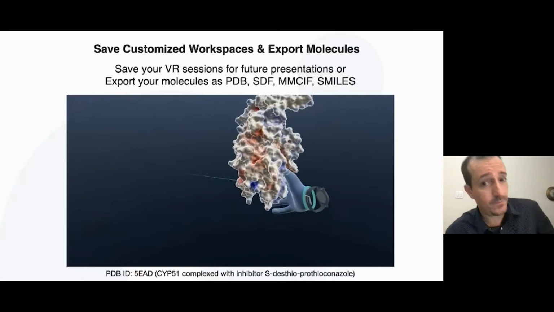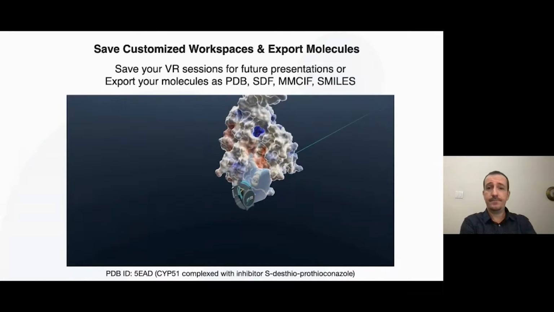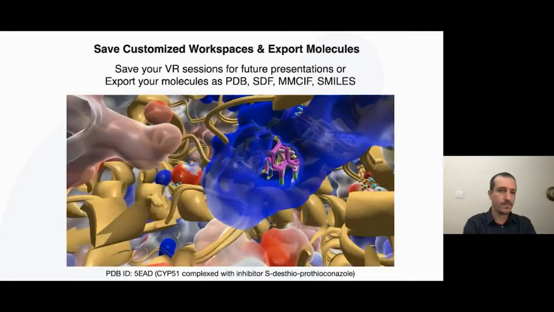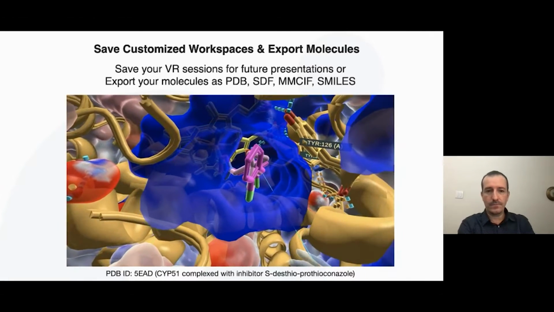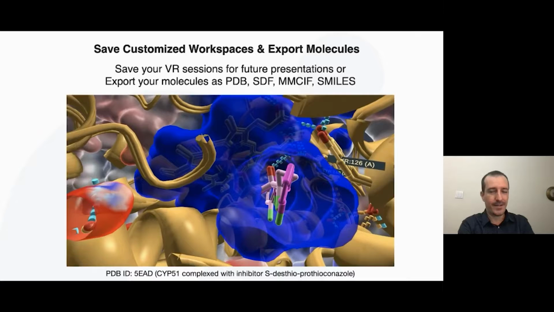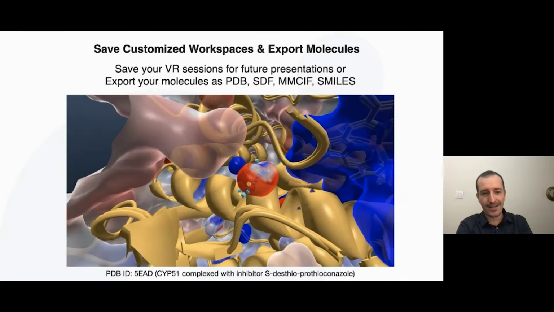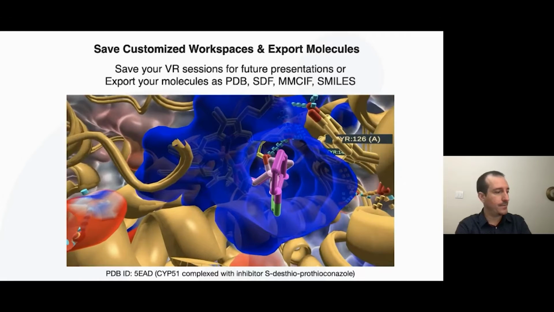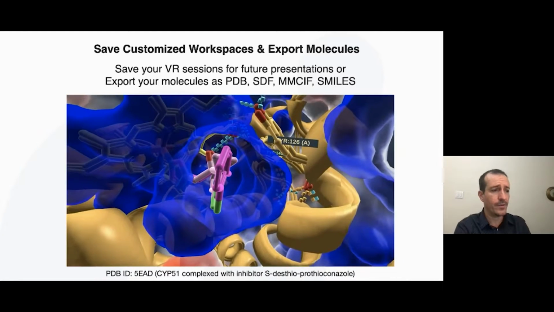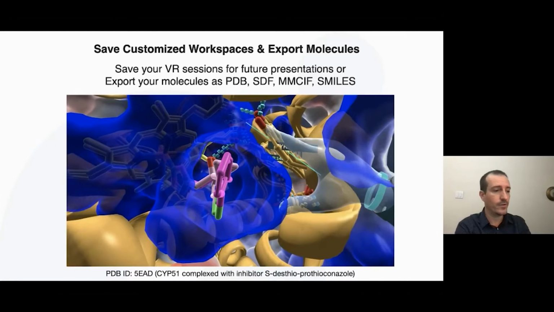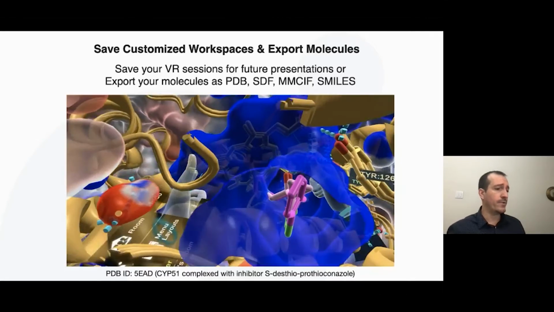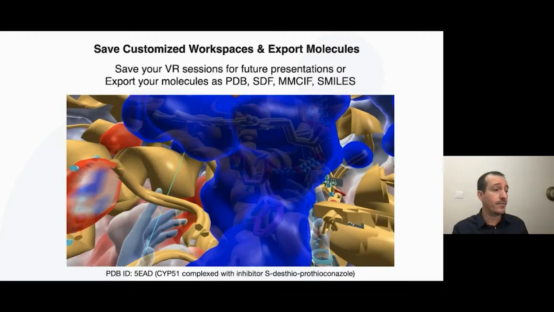Workspaces can be customized and exported to common file formats such as PDF, even SMILES strings. And one great thing that I'm happy to announce now is that we have a very new feature called Spatial Recording, which you can record and play back in VR.